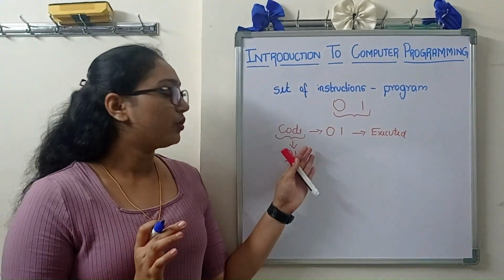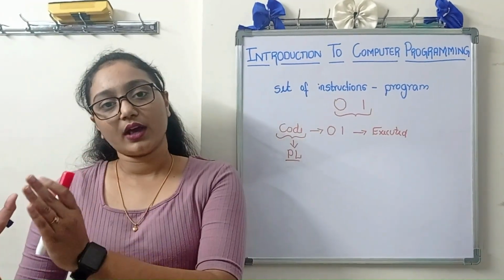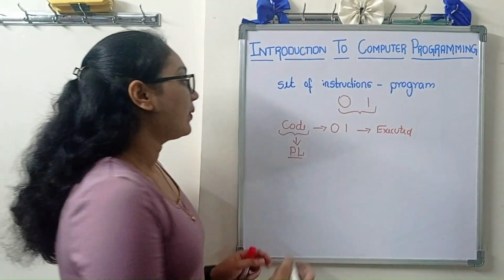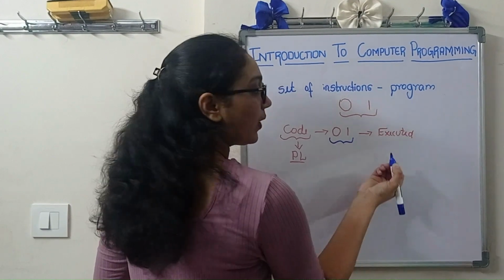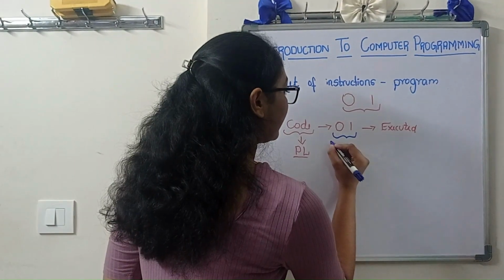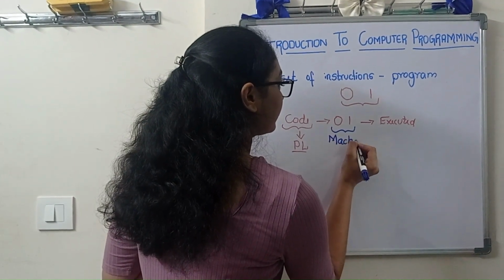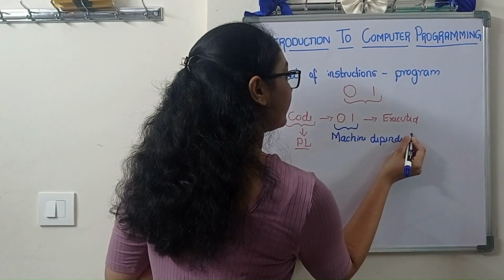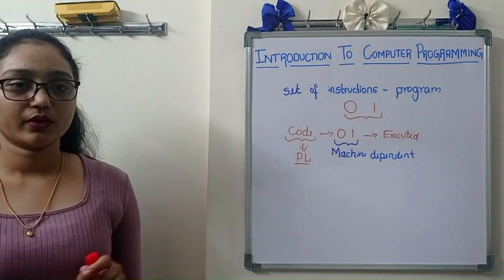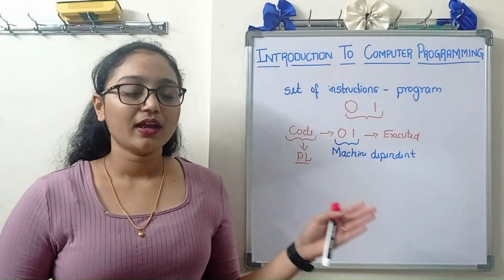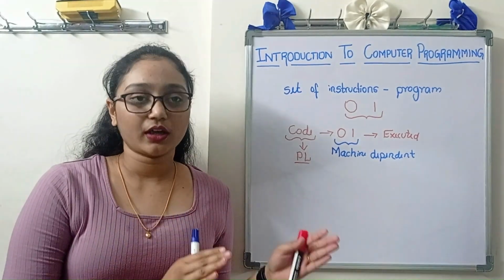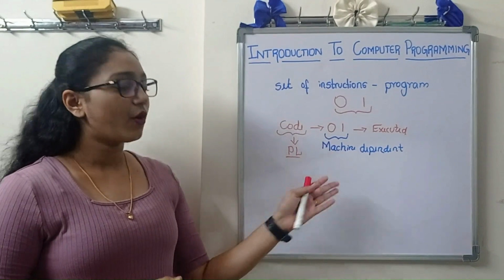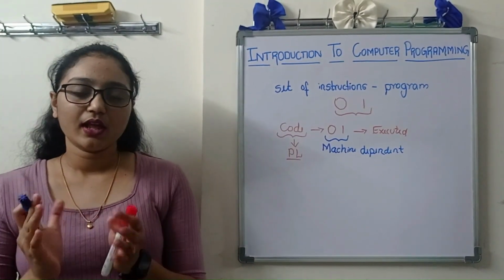So we can say this 0 and 1, the binary format, is a machine dependent language. It depends on the machine, as different machines have different architectures.